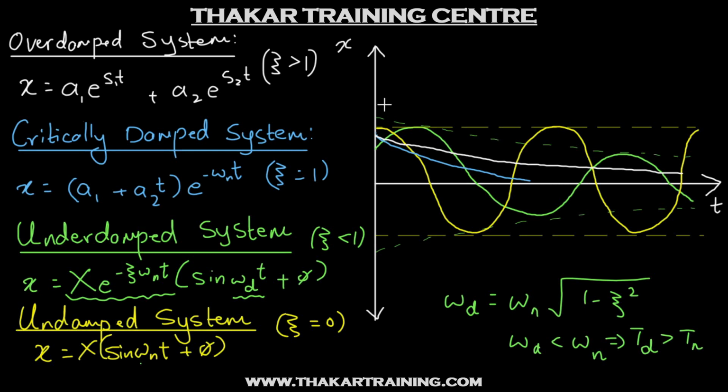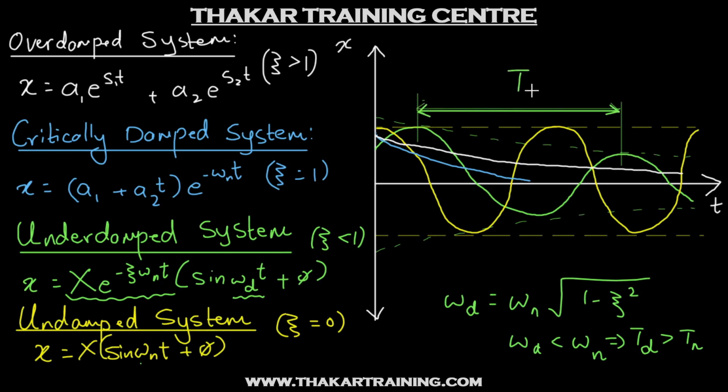So if you just observe it, we can see that if I try to mark the time period, these are two locations, so this is one. Alright, I'll just make it darker. So here we have one time period.